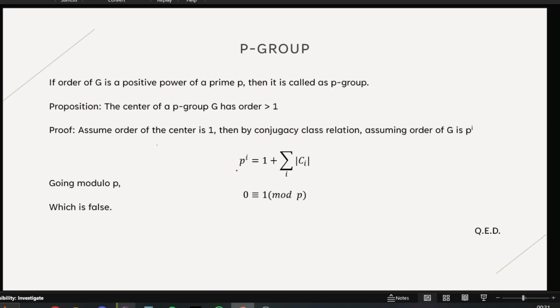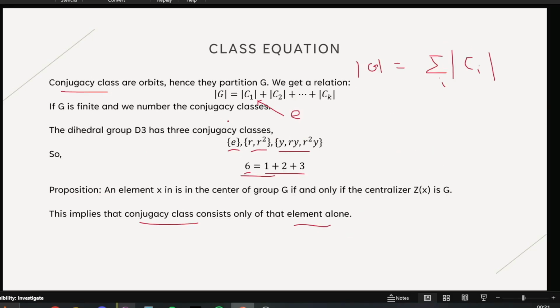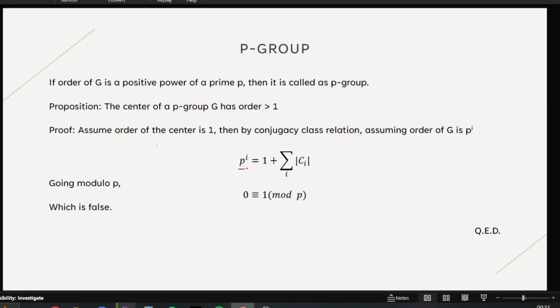The left side is the group order of G, so we take P power i. The first class we always take is the center. If we assume that the center is only one, that is the identity element, then for every other element there will be other conjugacy classes. So we take the sum.